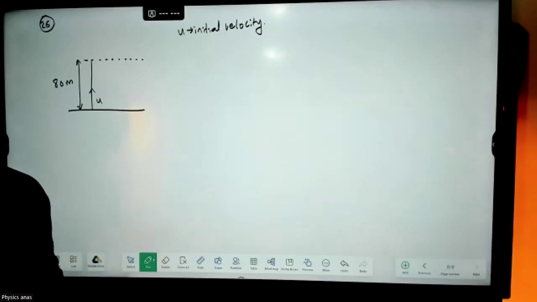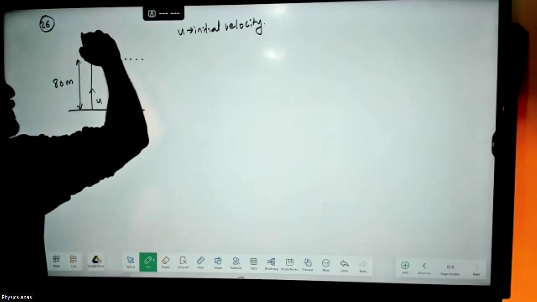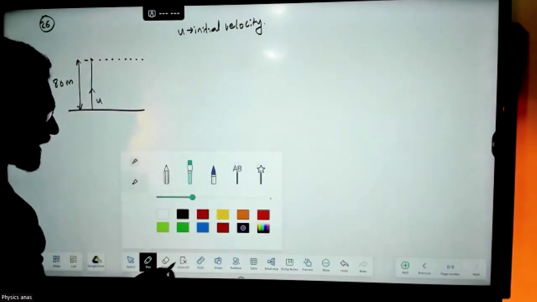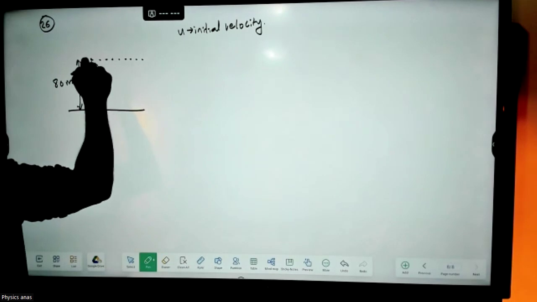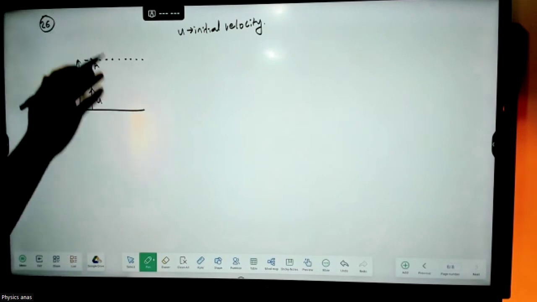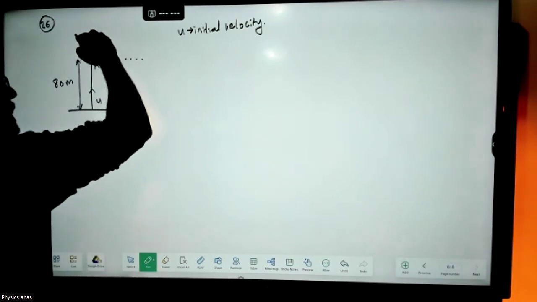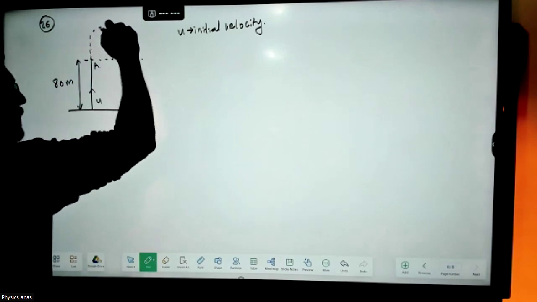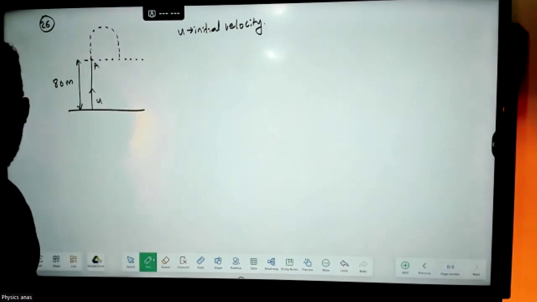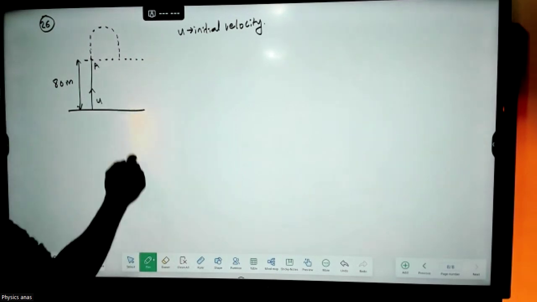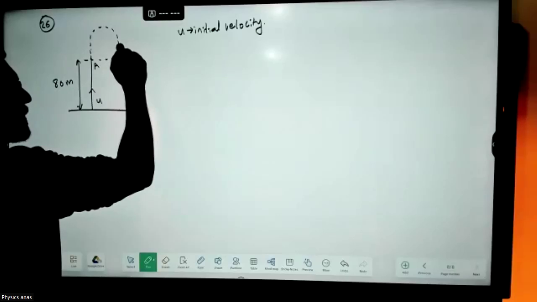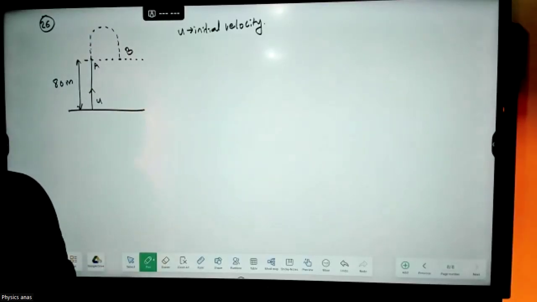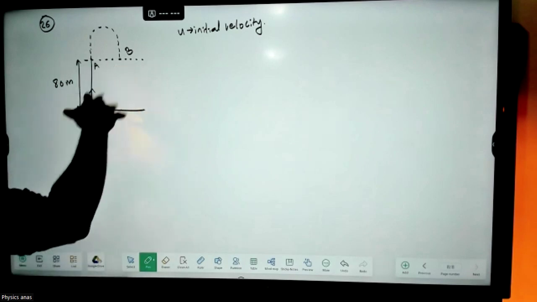The ball has reached this point, calling that point A. What is happening to the ball then? The ball is reaching its maximum position somewhere here, then it is coming back. At this point B, it is again meeting the 80-meter distance. Right? That is the meaning of the question.